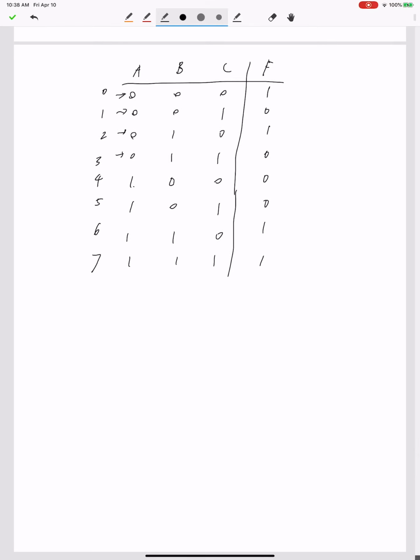The first thing I want to introduce is: first, according to the number of inputs, draw a blank K-map. Okay, so what does that mean? For instance, here we have 3 inputs, right?